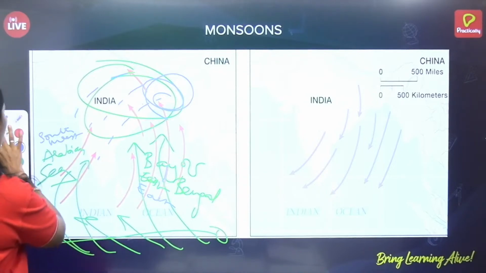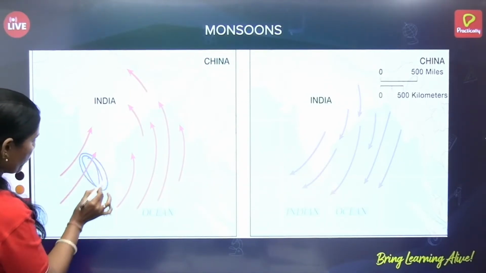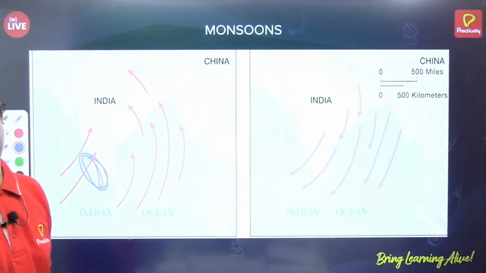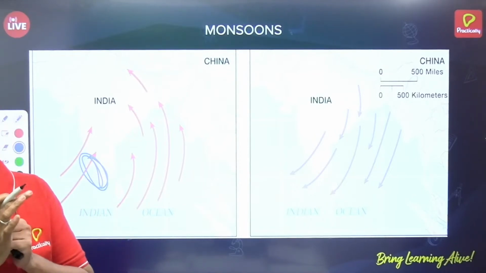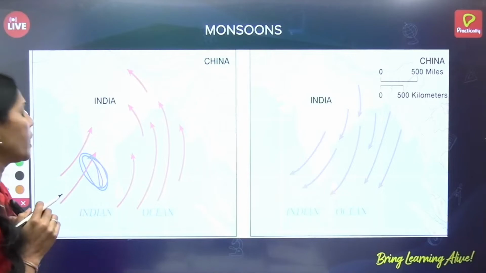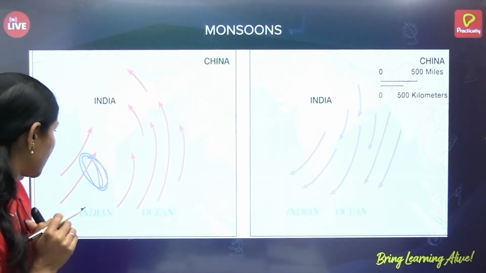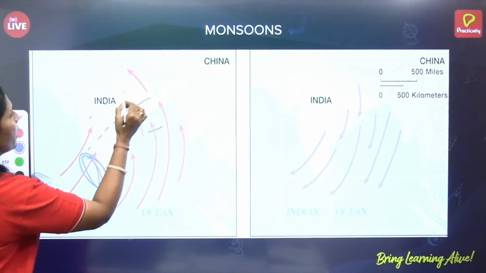So first rains occur in Kerala. The first showers, the early rains, we can see in the month of June in Kerala, that's in the Western Ghats, and further to the remaining parts of India.